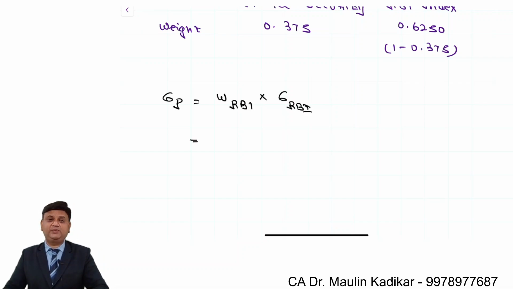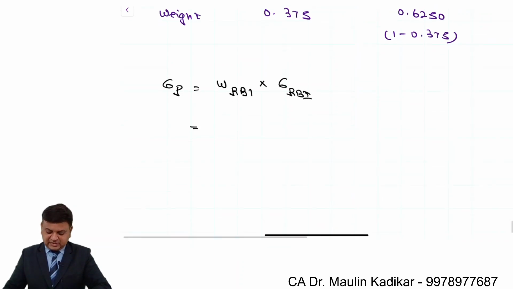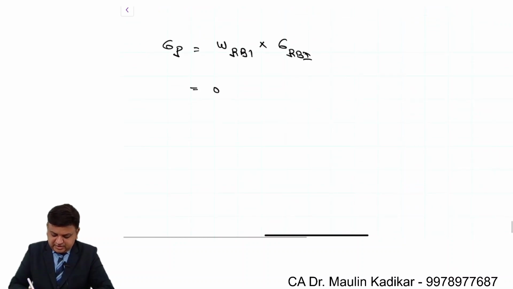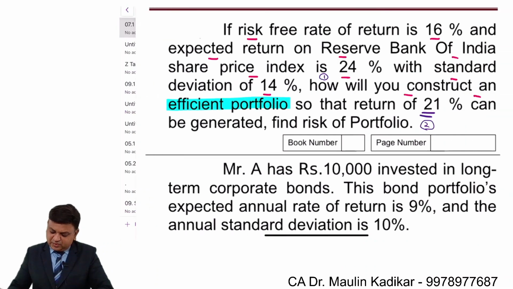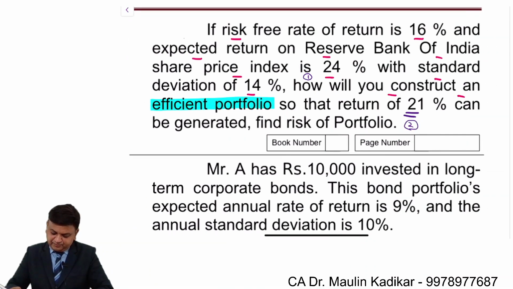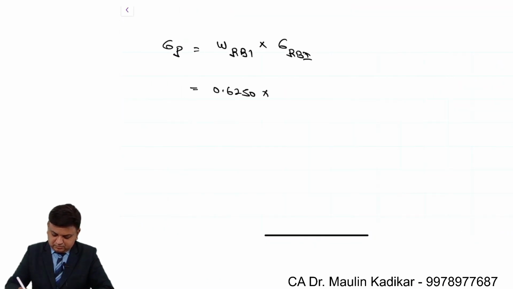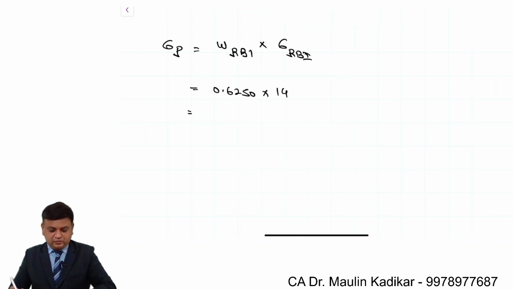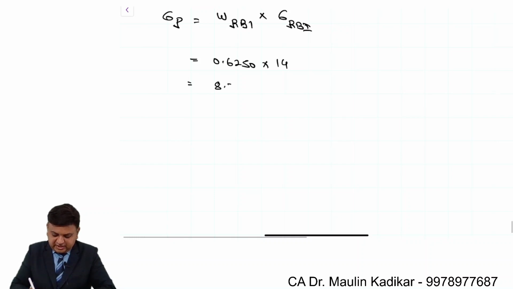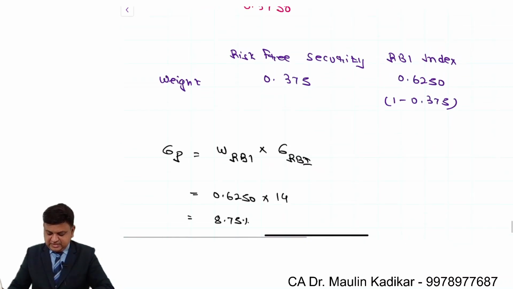Because the investment is made in two securities and one of them is risk-free. So here it is 0.6250 into the standard deviation provided to us as 14%. So 0.625 into 14 comes to 8.75%. That is the way the standard deviation of the portfolio can be calculated.